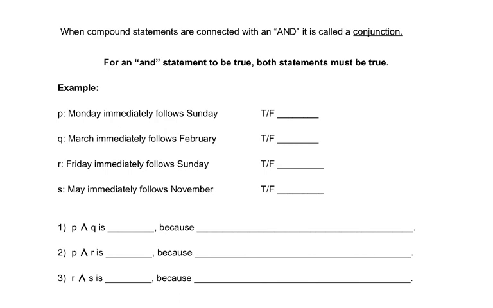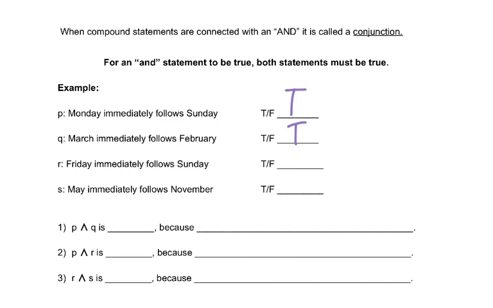The first one, our P, says that Monday immediately follows Sunday. I would say that's true. In our days of the week, Monday comes after Sunday. Next, for Q, it says that March immediately follows February. I would say that's true as well.